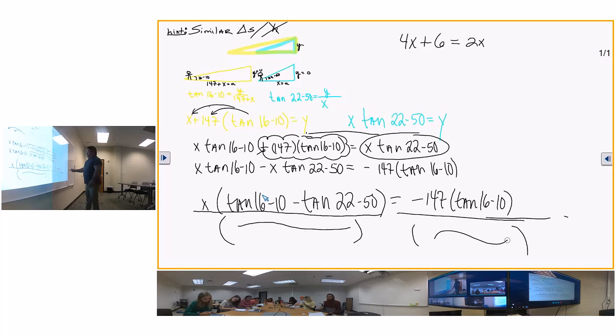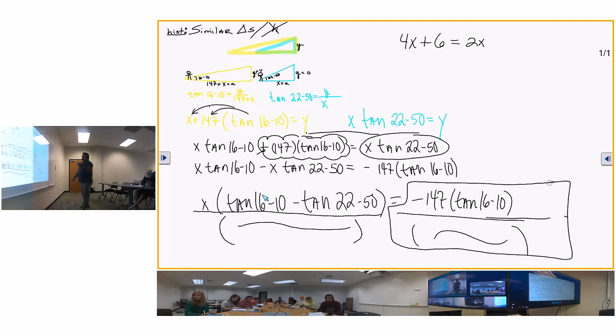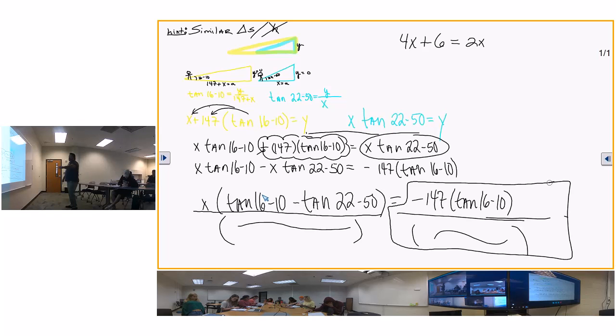And now the calculation that you need to be doing in your calculator is negative 147, or forget about the negative, just leave it out front. Tan of 16.10 times negative 147, put that on top, and then divide by the tan of 16.10 minus the tan of 22.50. Now I need y'all to do all that, and I need 2 people to confirm the answer.